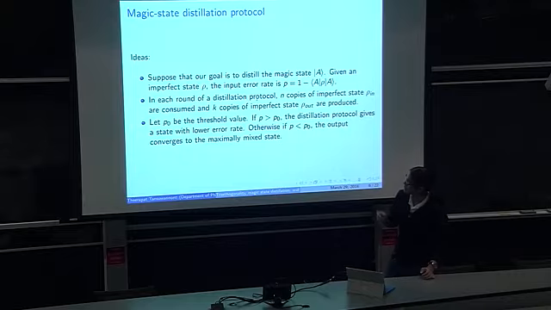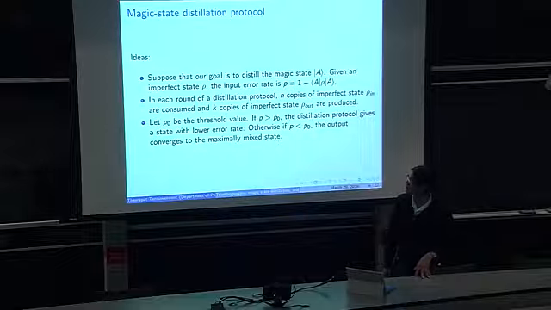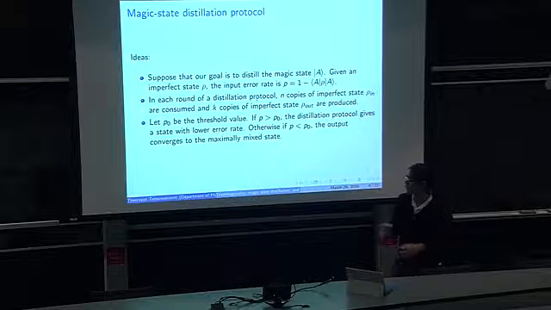Let P0 be the threshold value. If the input error rate is below the threshold value, the distillation protocol will give us a state with lower error rate. But if the input error rate is above the threshold, the output will converge to the maximally mixed state.